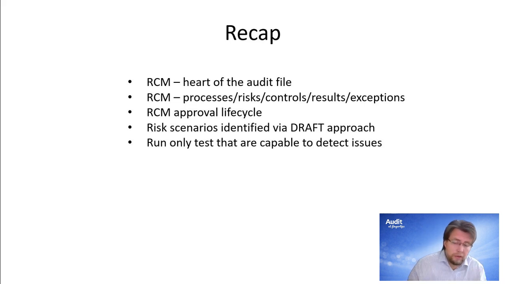It contains OAT results, effective or ineffective. It contains exceptions, wordings. And remember, you need to run your RCM through the life cycle. It needs to be vetted by your auditees, audit teams, to make sure that you're auditing the right controls. It should be approved by the audit owner, and it should be populated with all audit results.